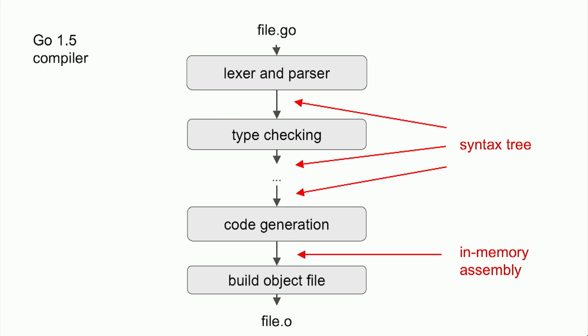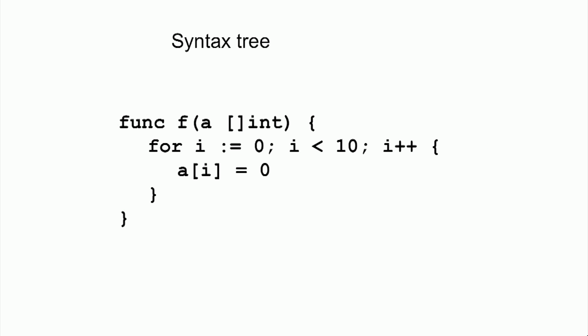Each phase takes a syntax tree as input and generates a syntax tree as output, except for the last phase where we do code generation, where the intermediate representation is an in-memory version of assembly code. For the most part, the Go 1.5 compiler just uses the syntax tree as its internal representation. So let me show you what a syntax tree is.